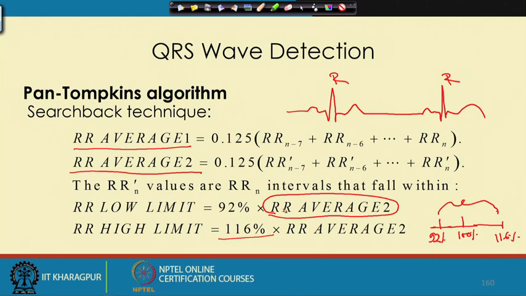If it goes outside that, then what could happen? If the RR interval is bigger, even above 116%, that is an unusual kind of situation.